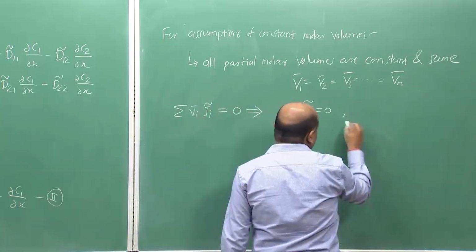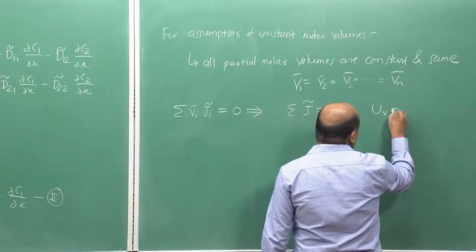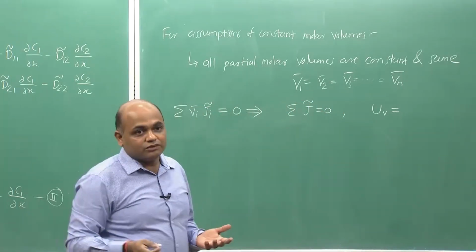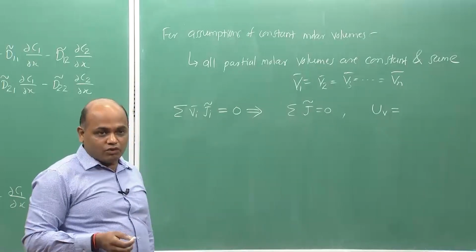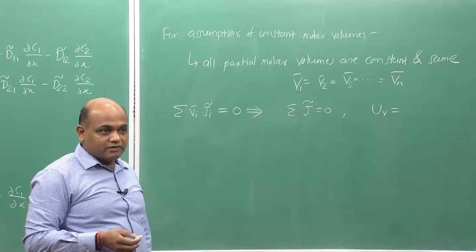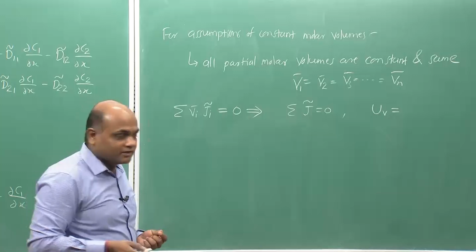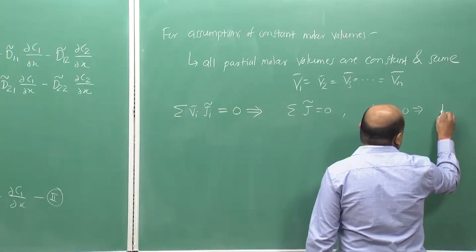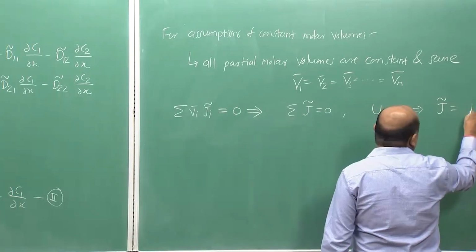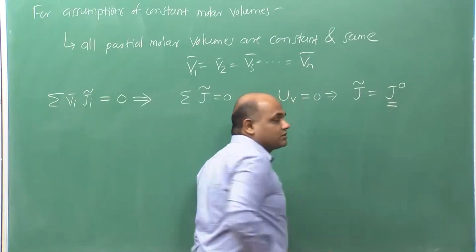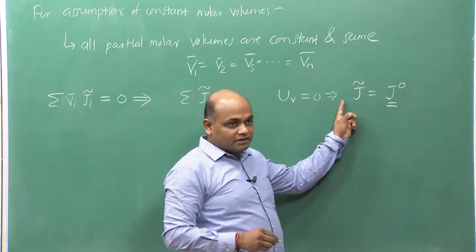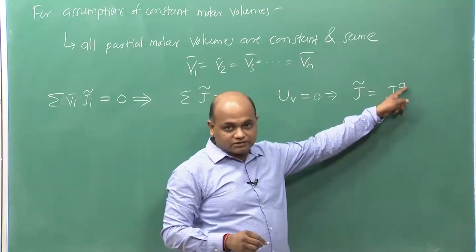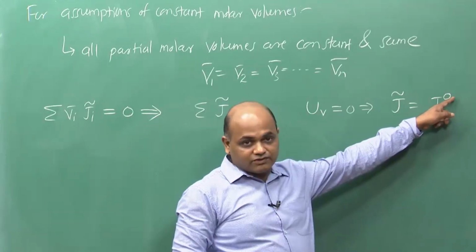It also means that uv, the velocity of the volume fixed frame, is 0, because there is no change in volume, there is no net flow of volume even in the lab fixed frame. And because of that, J tilde is equal to J0. So, the volume fixed frame coincides with the lab fixed frame. J0 refers to the fluxes determined in the lab fixed frame.